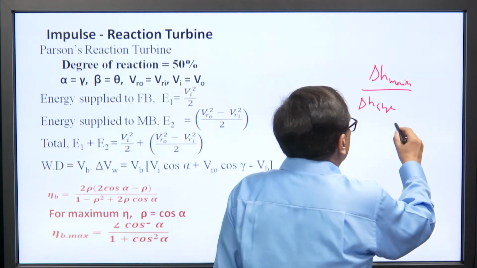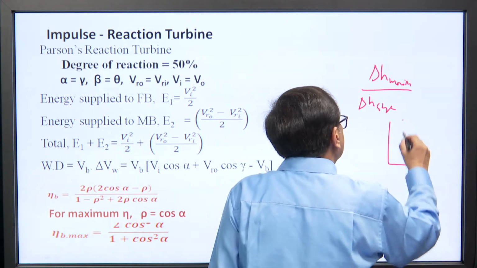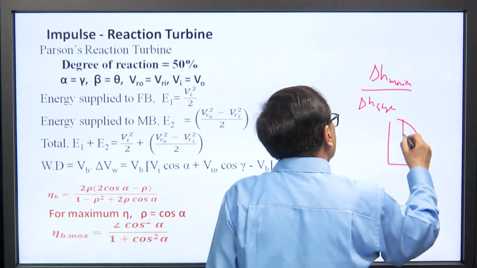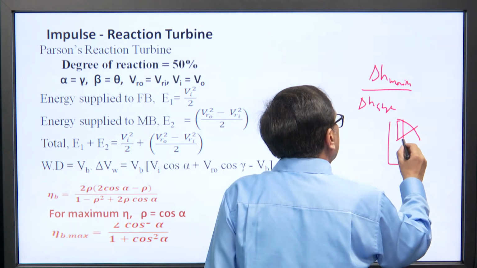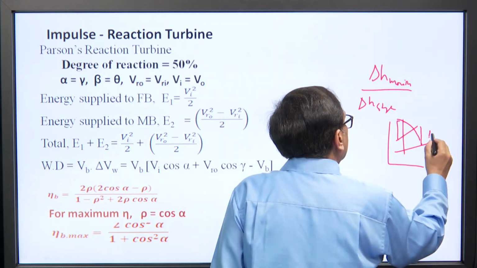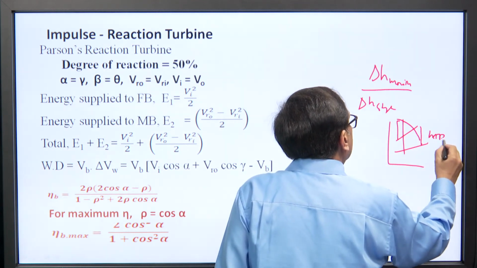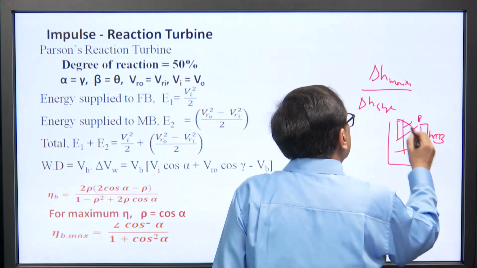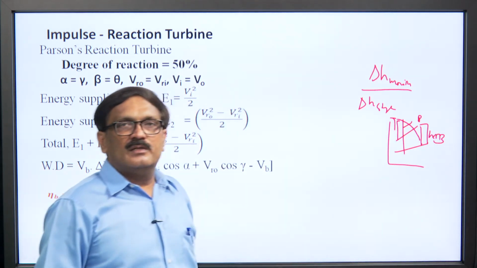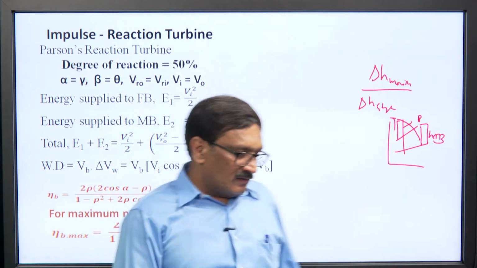Suppose this is the drop for the fixed blade and this is the drop for the moving blade. This difference divided by this difference is the degree of reaction.